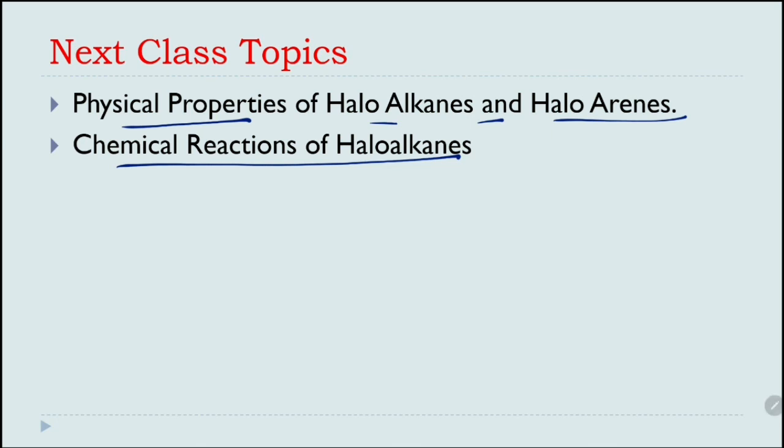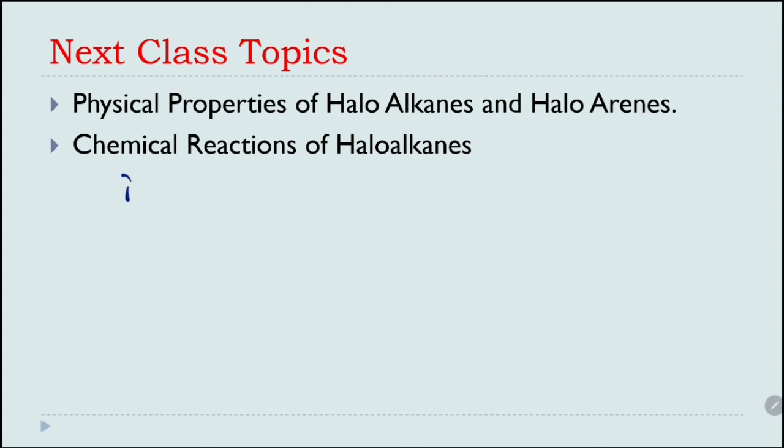We will study chemical reactions separately for haloalkanes and haloarenes because they show variation in chemical properties. Here we will discuss their stereochemical aspects, and in the case of haloarenes we will discuss their directing influence.